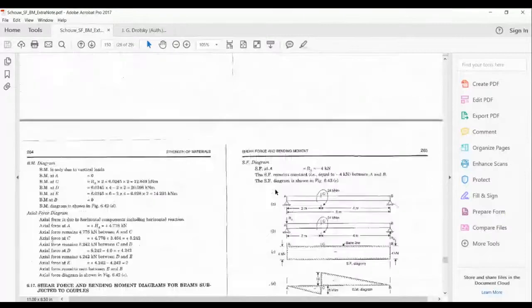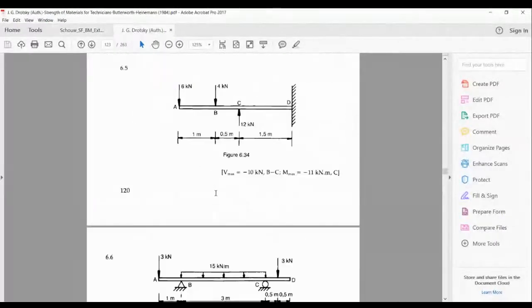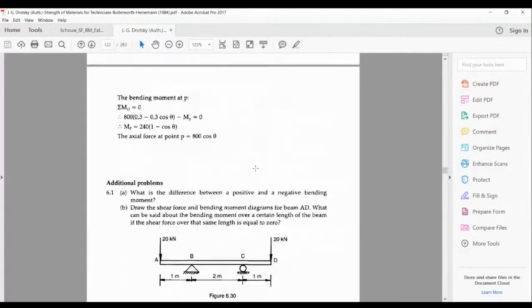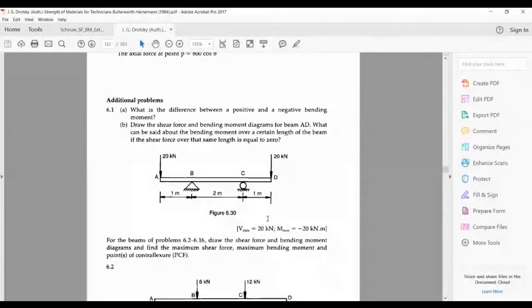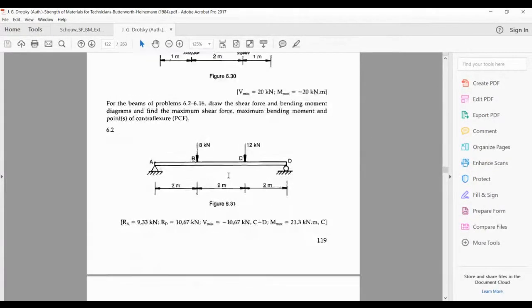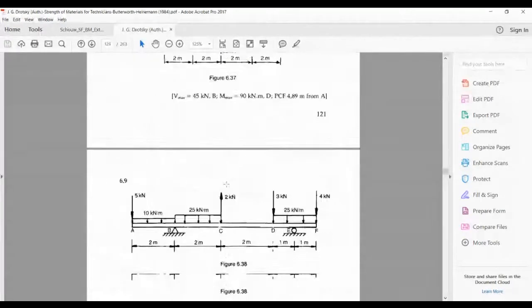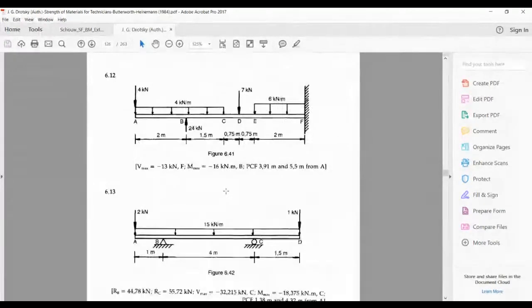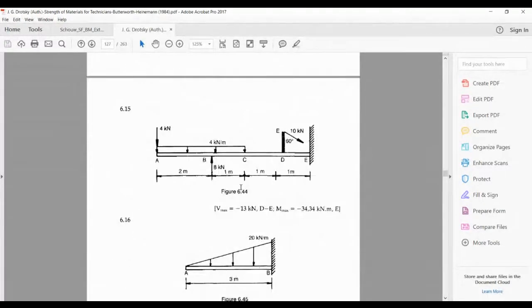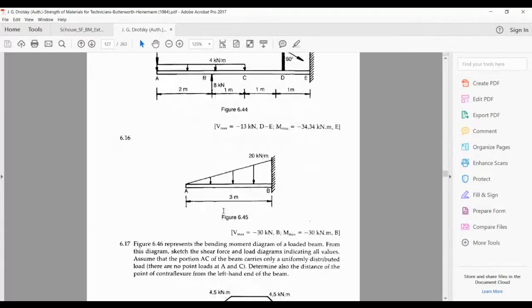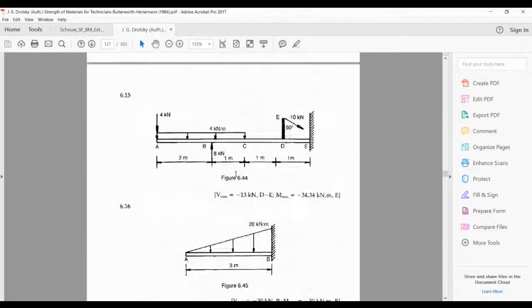Just focus on problems 6.1 till 6.15. That's all the problems you need to cover. We won't be covering uniformly varying loads and built-in beams.